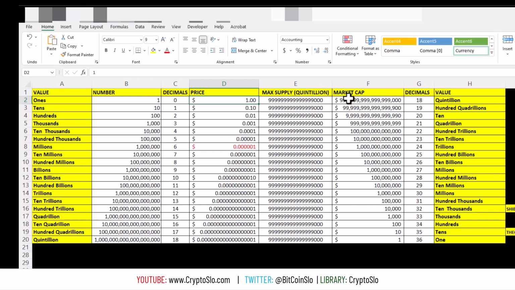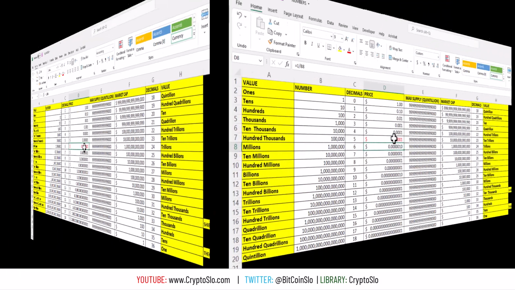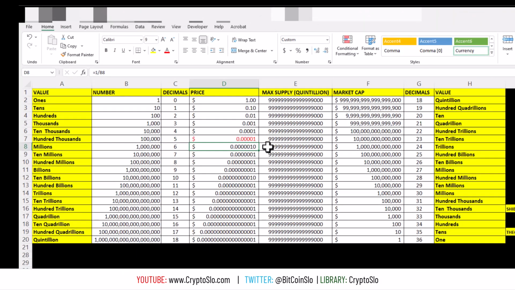So let's take it down to SHIB. If XEN got to SHIB's current price, we would have a $10 trillion market cap.